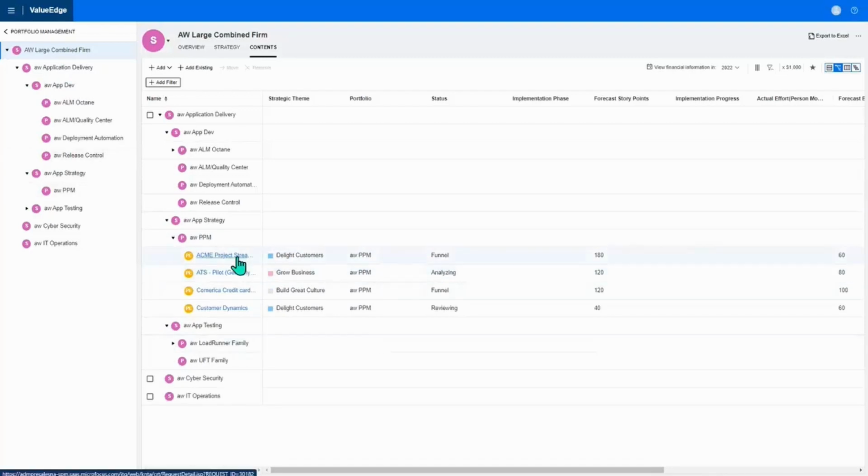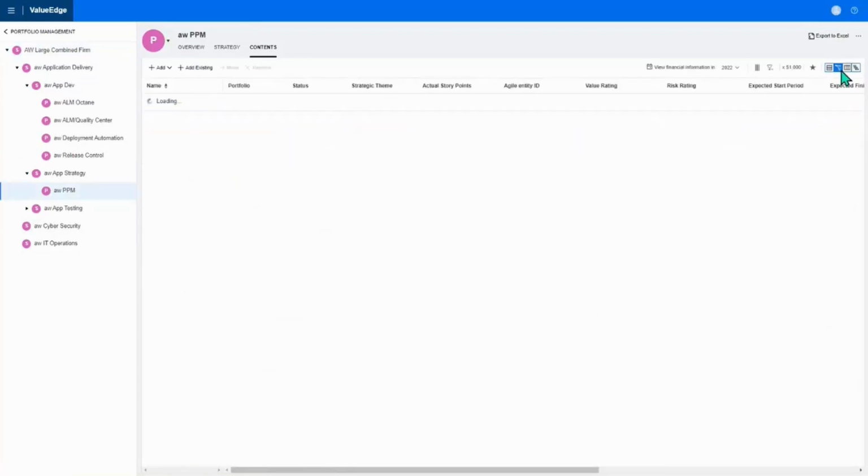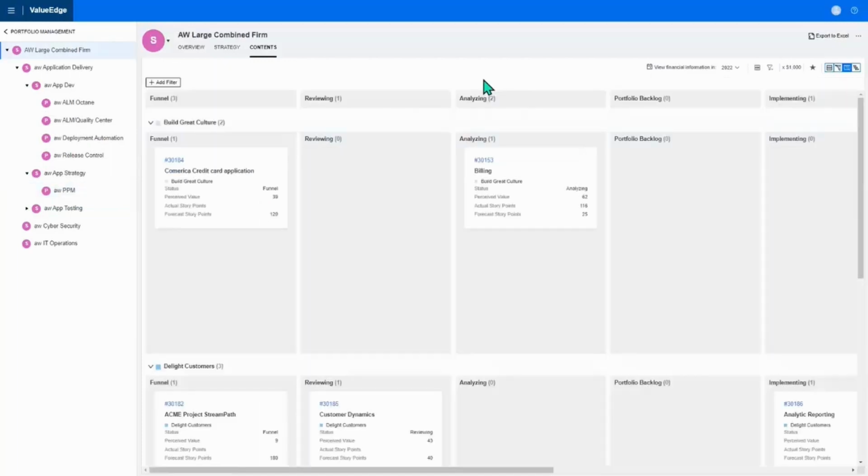This is also the same view where, if I navigate down to a lower level in this hierarchy view, I have the ability also to do things like move, remove, and change the location. This is sort of my management view. If I wanted to change the location of a specific portfolio or a portfolio epic in the hierarchy, this is the view to make those changes.